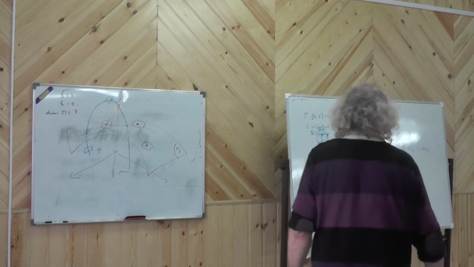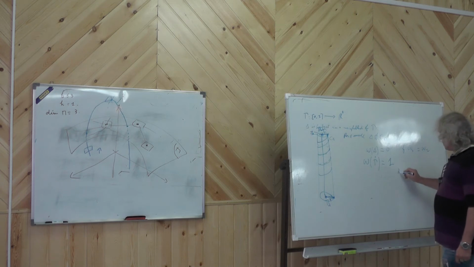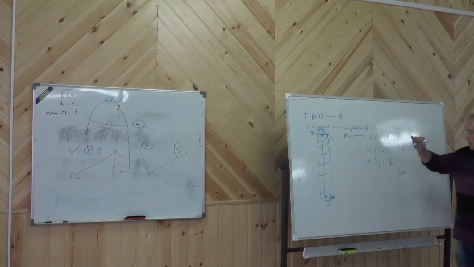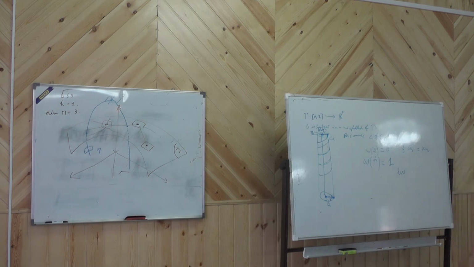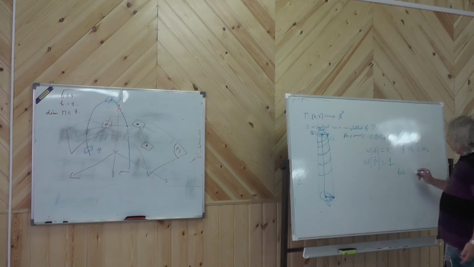Okay? And now you consider d omega. You consider d omega, then this d omega with the metric, what is it? It is just this d omega. What is it?